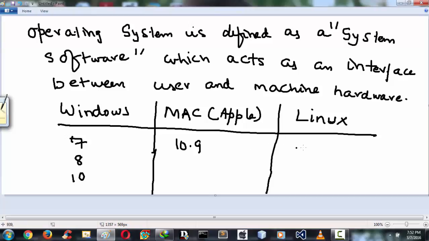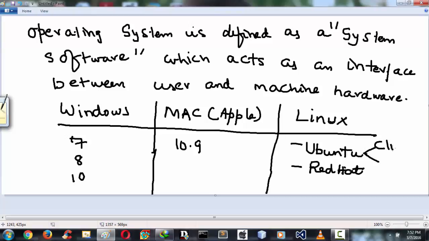For Linux, we have various distributions like Ubuntu, which is a great operating system. One of the greatest things about Linux is that it is free. We have Ubuntu and Red Hat Enterprise Linux, which is not free, we need to buy it, for enterprise purposes, to solve enterprise server level needs.